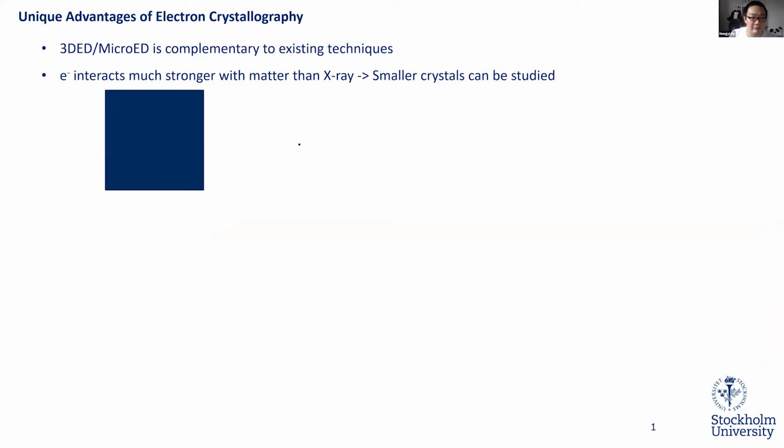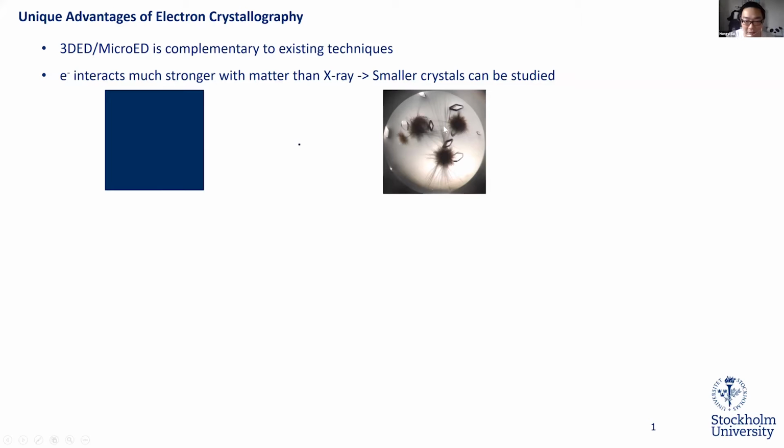One of the major reasons that we use electron instead of X-ray is that it interacts with matter much stronger. So in terms of the crystal size, we can now work with very tiny crystals. Those crystals that are too small to be studied with X-ray can now be studied with electron diffraction. If this is the size of the X-ray crystal, this is the crystal you need to do electron diffraction. So this is just a comparison.